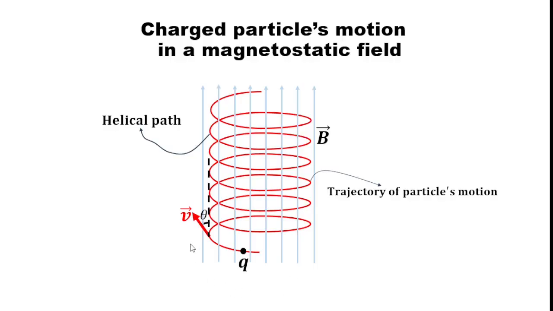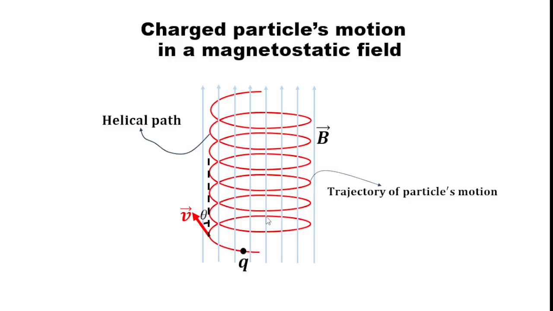In this case, the velocity has two components. One is perpendicular to the magnetic field and the other one is parallel to the magnetic field. The perpendicular component forces the charged particle to move on a circular path, while the parallel component makes the charged particle move parallel to the magnetic field, or along the magnetic field lines.